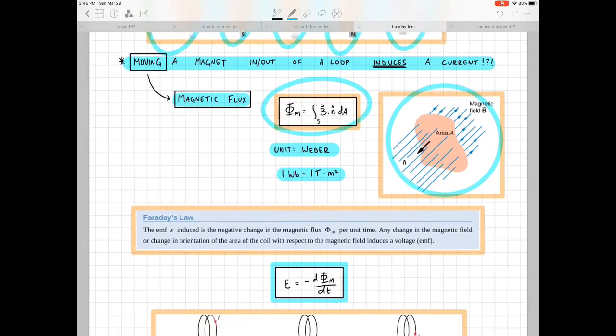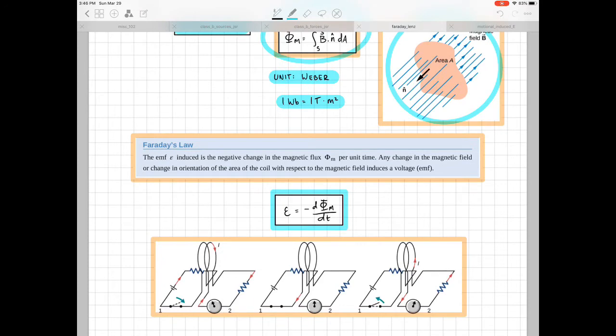And Faraday's law is how we can quantify what that induced battery or induced EMF happens to be. And so Faraday's law, I've got it written here. So we'll just read it out, and then we'll talk about what it means.